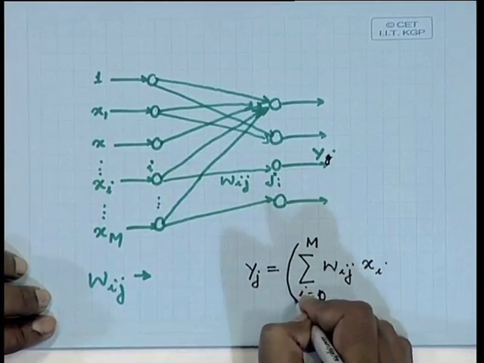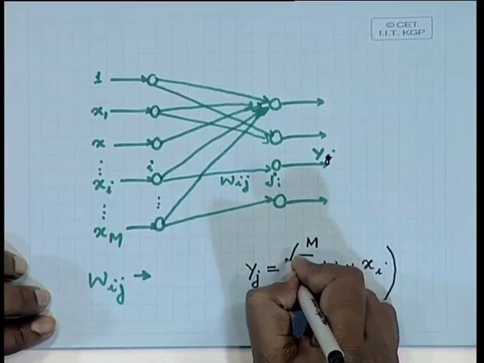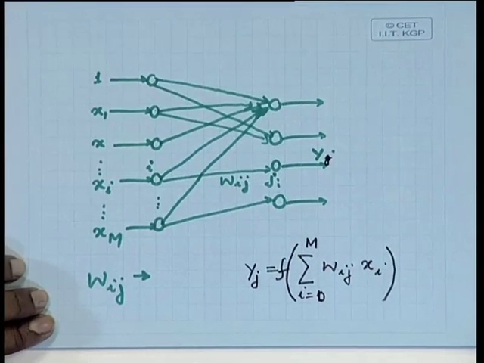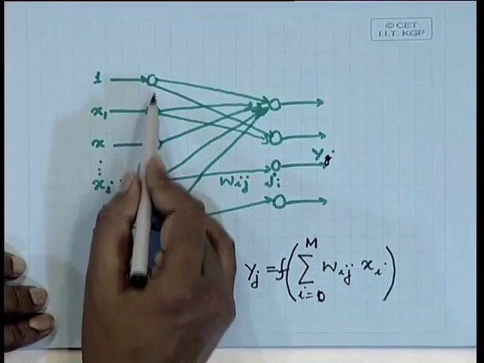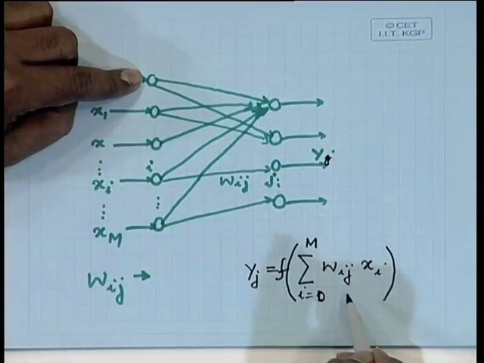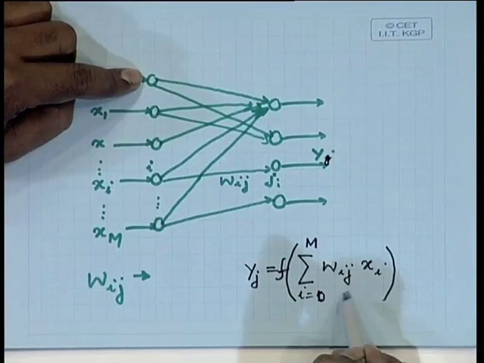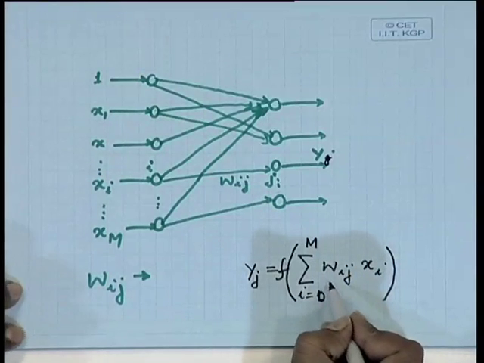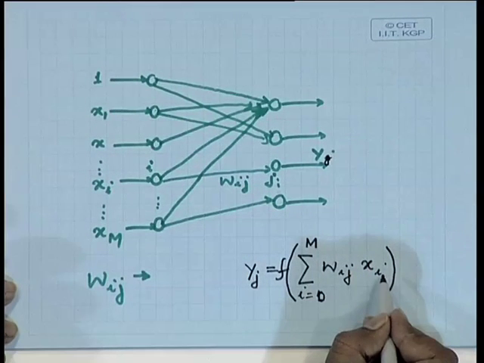Then the non-linearity is applied at the output of the output layer nodes. For different values of I, the individual components are being weighted by the corresponding Wij. So, at the output layer what I get is Wij into Xi.